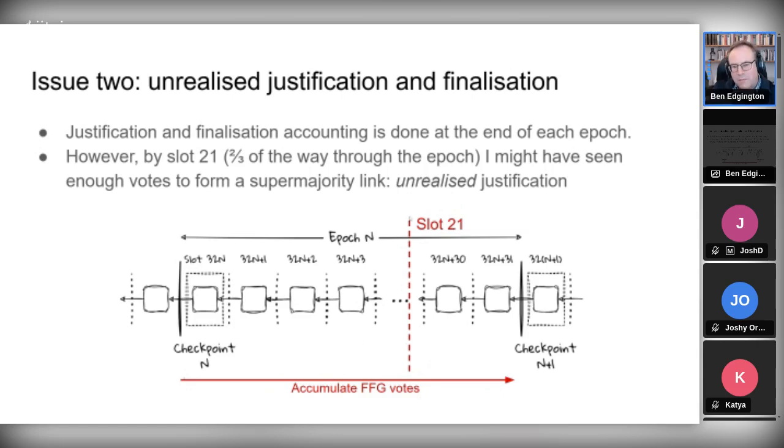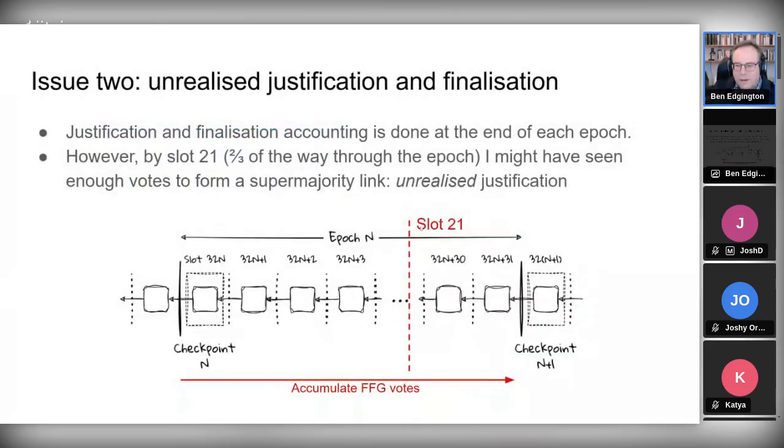It could be that by 2/3 of the way through an epoch, we already have enough votes to justify this checkpoint, checkpoint N. But we won't actually mark it justified in the state until we get to the end of the epoch when we run the epoch transition. So we call this an unrealized justification. We've got enough votes to justify it, but we haven't actually justified it yet because that's only done at the end of the epoch.